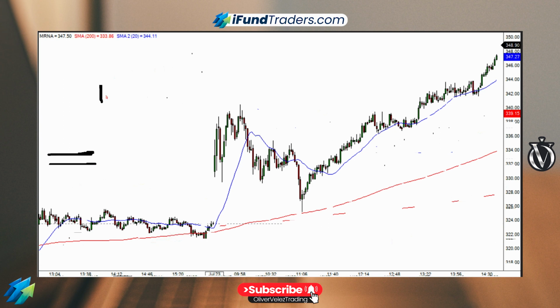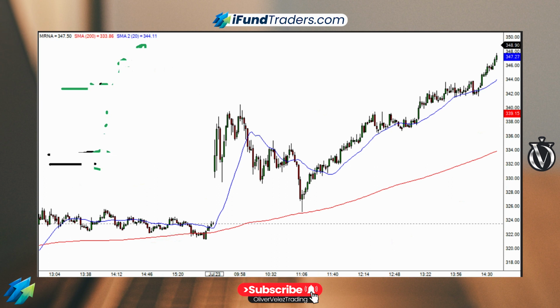It gaps up in the morning, but that gap is born from a narrow state. That's okay. This can still go because it was born out of a narrow state.